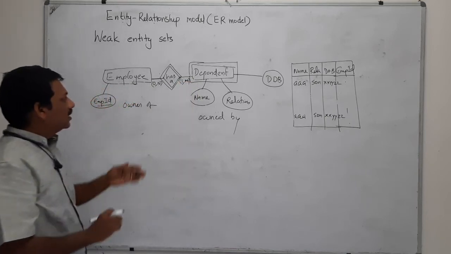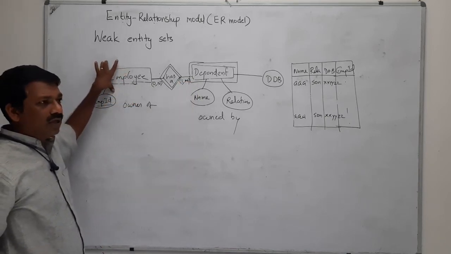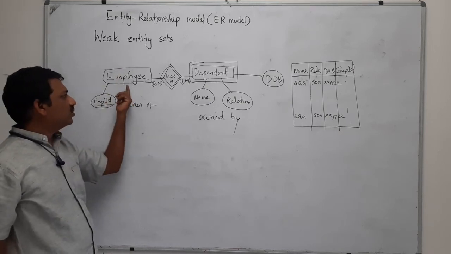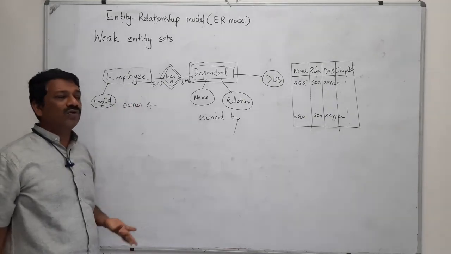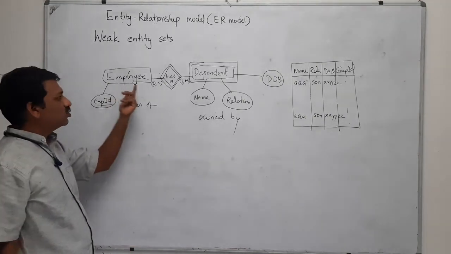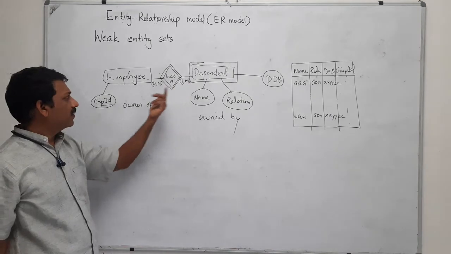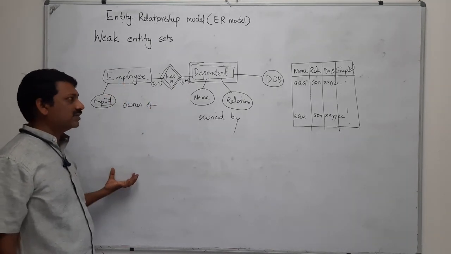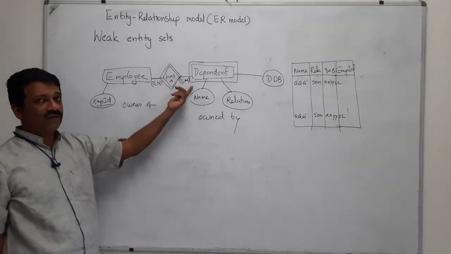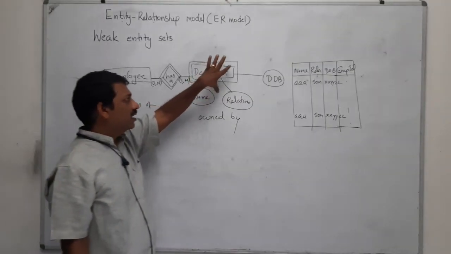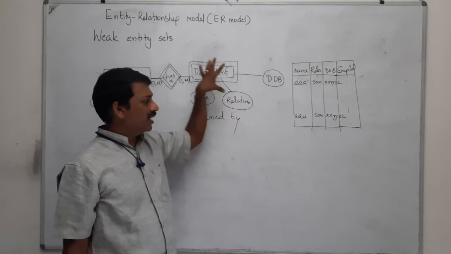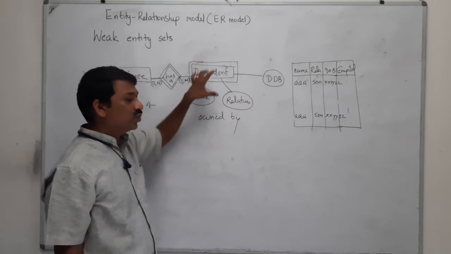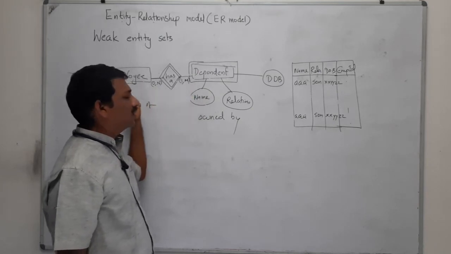That means here an employee, suppose that you have an employee and there is no restriction or there is no rule like he has to participate in this relationship. That means an employee in the employee database can exist even if he is not having any dependent. But if a dependent is there in the dependent database, then definitely that dependent should have an employee connected using this.